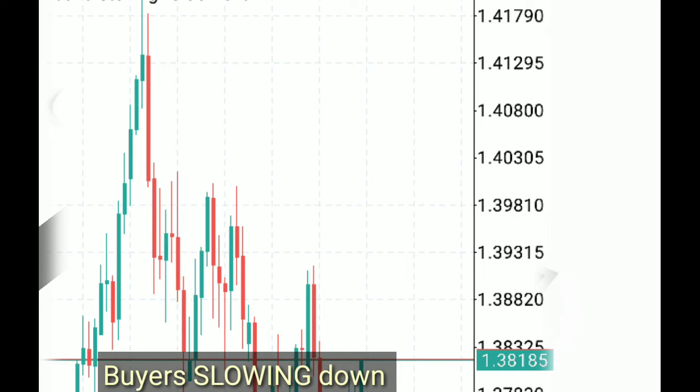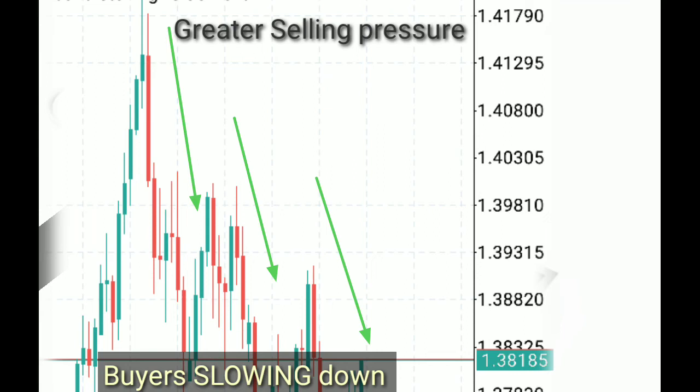So in this case, we say buyers are slowing down because they are moving upward at a regressing rate, while sellers are moving downward at a progressive rate.